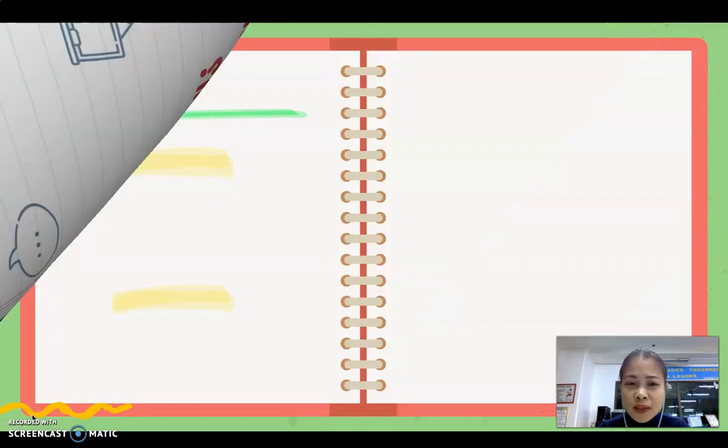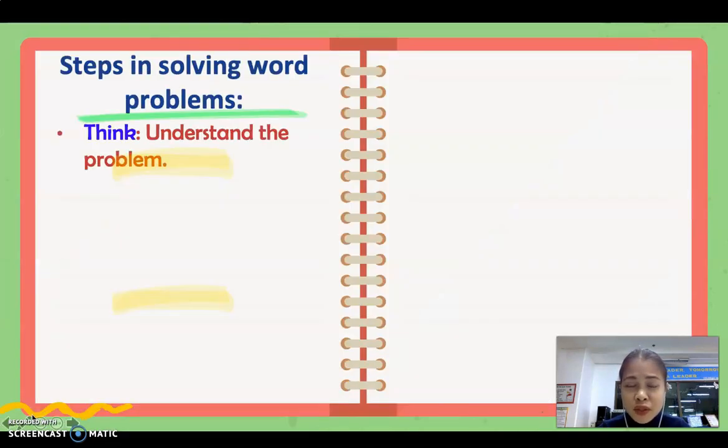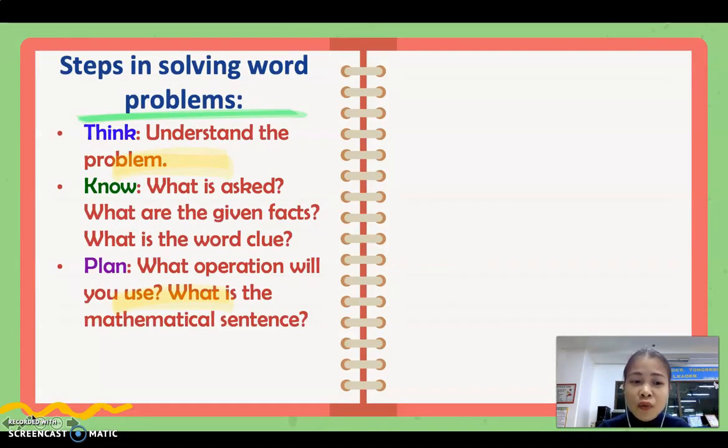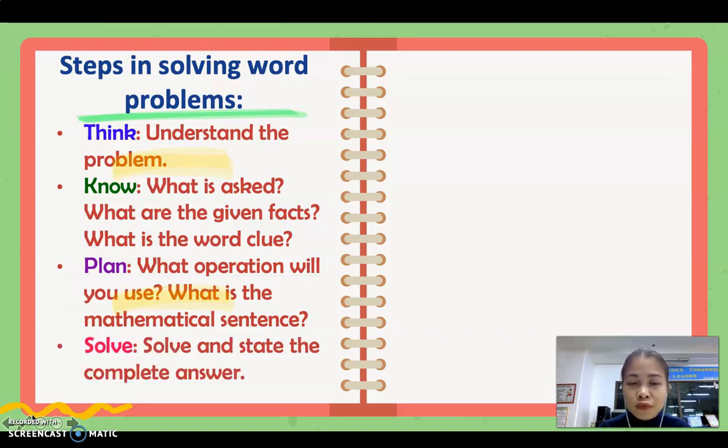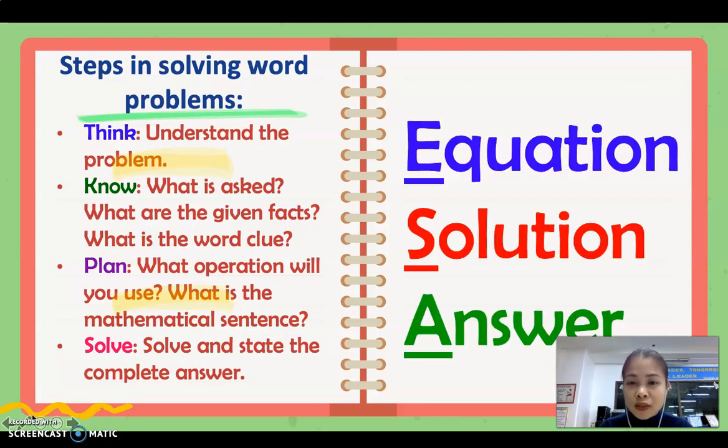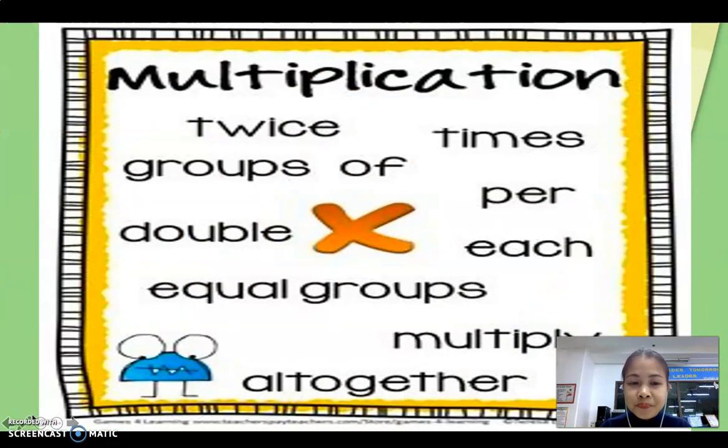We already discussed this: first you need to think, know, plan, and solve. So you understand first the problem, you know what is asked, what are the given facts, the word clues, and the operation that you're going to use, and then you solve and state it in a complete answer using the sentence, equation, the solution, and then the answer.